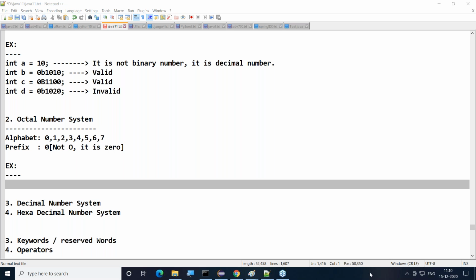Yes, Sharavan, in the case of Java, whenever we provide a leading zero, it should automatically be the octal number system. It is not the decimal number system. In mathematics, left side zeros do not have any value. But in computer programming languages, in the case of Java, a leading zero represents an octal number.